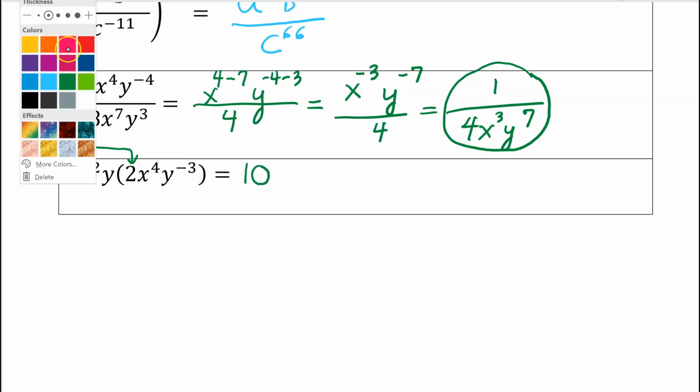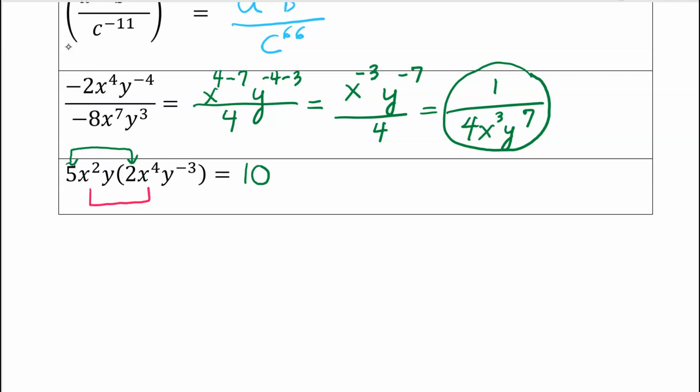We have x squared times x to the 4th power. We have x to the 2 plus 4, right? Because we're multiplying variables with the same base. So we add the exponents.